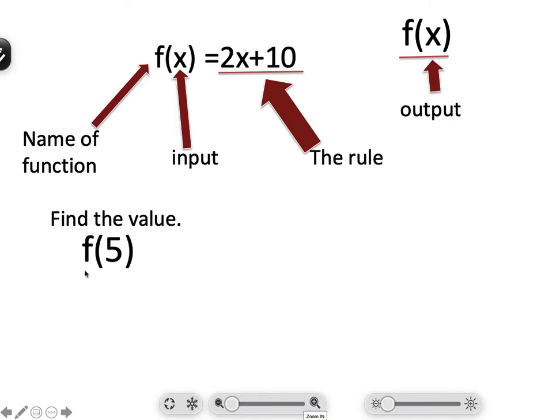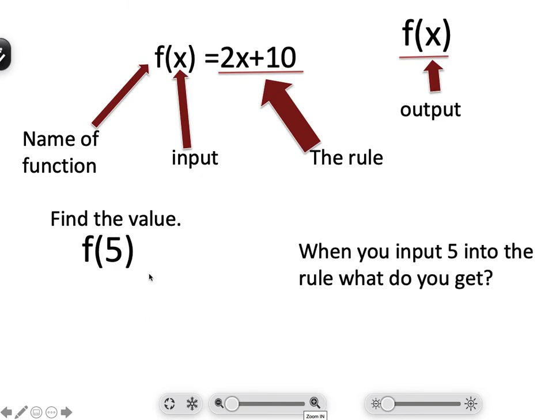Do we know where f is? Yes, it's up here. And what's the input? The input's inside here, so they want you to input 5. So f of 5 is saying, when you input 5 into the rule, what do you get?